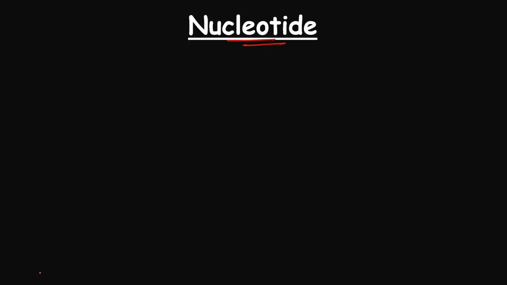Nucleotide. So finally, what is a nucleotide? In a nucleotide there is a pentose sugar. This is the 5th carbon of this pentose sugar. There will be a phosphate group and nitrogenous base.